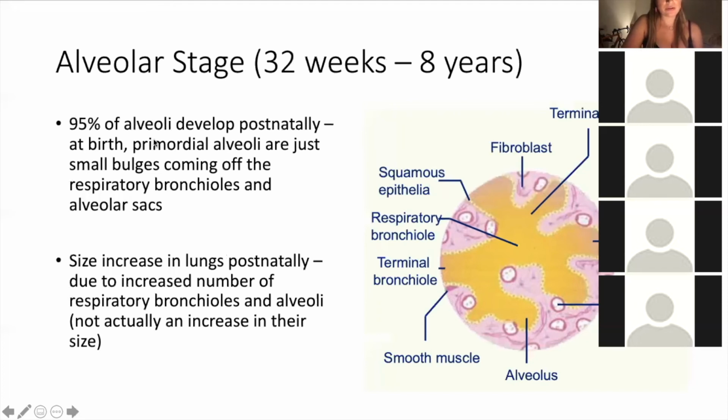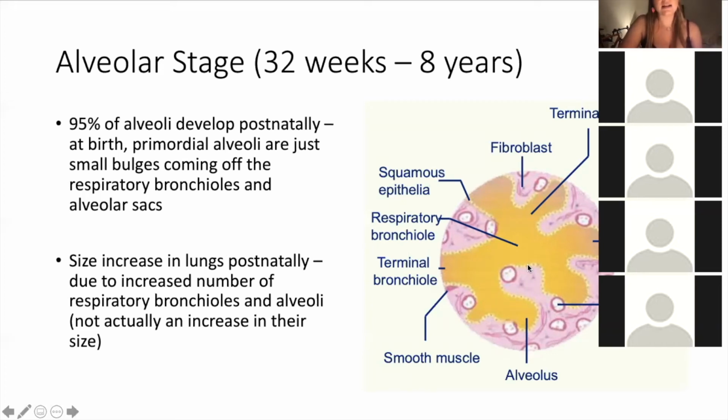And the fourth and final stage is the alveolar stage, which happens from 32 weeks until 8 years old. So remember that this happens after birth primarily. So yeah, 95% of alveoli develop postnatally. At birth, there's just primordial or very early stage alveoli developed, and they're simply small bulges coming off the respiratory bronchioles and the alveolar sacs.